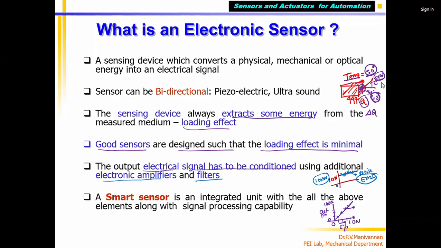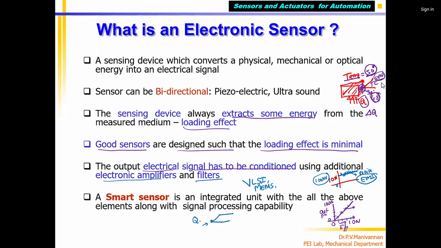Now, the modern world, with the advent of a lot of technologies like VLSI technology and MEMS technology, helps in developing compact sensors. Generally, if I have a thermocouple, this is my junction.